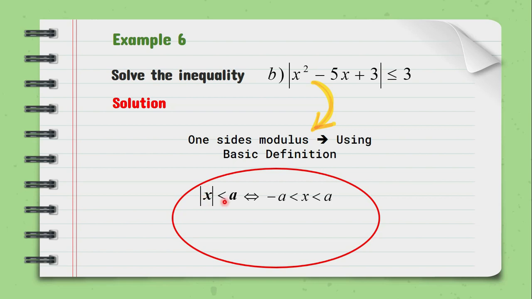For absolute value of x less than a, x is more than negative a and less than a, or we can write down x less than a, and we must put the word 'and' because it is less than, then x more than negative a.